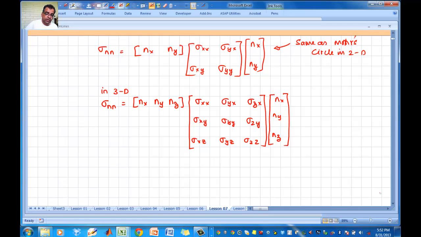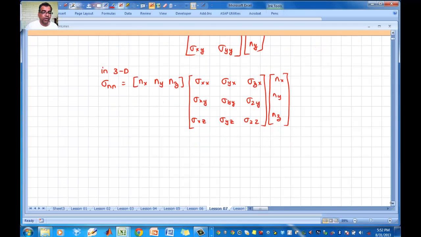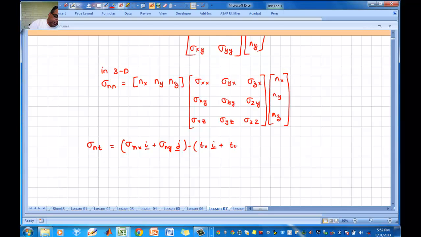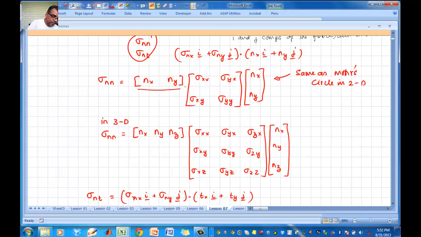You're thinking, okay, we found sigma nn. What about sigma nt? That's easy. That's sigma nx i plus sigma ny j dotted with tx i plus ty j. Hey, all I have to do is replace this.